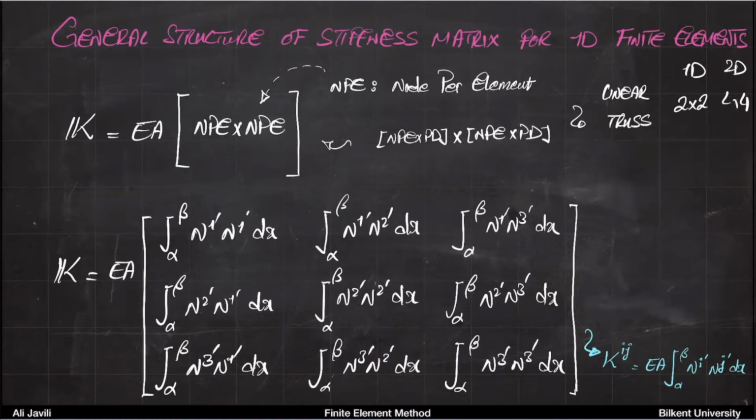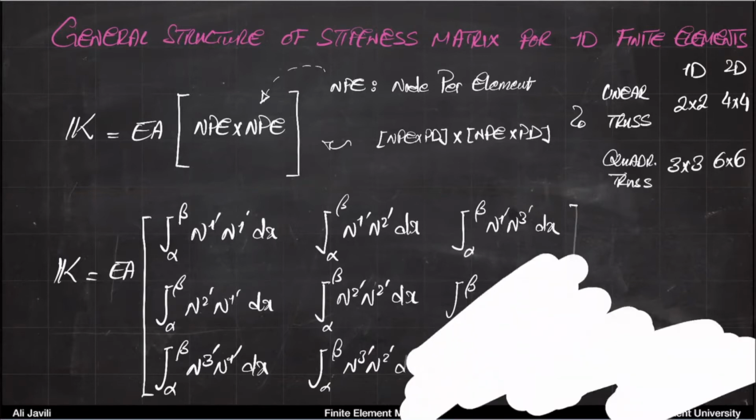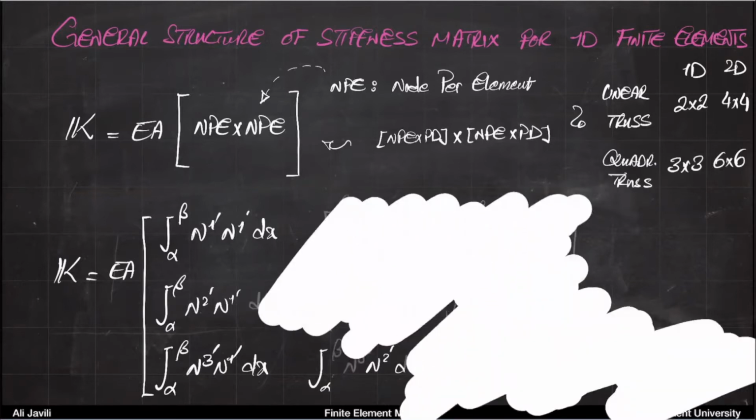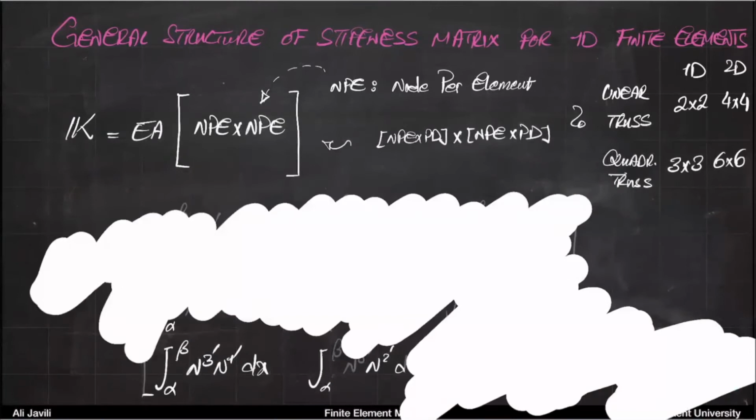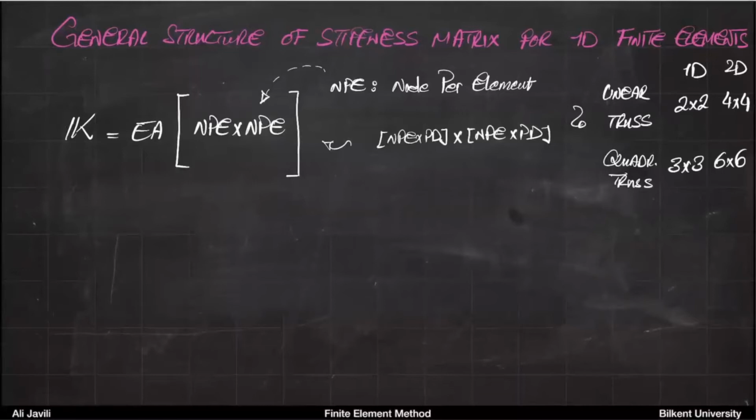We just work with the components. So if it is linear, then those i's and j's would be between 1 and 2. If it is quadratic, the i and j would be between 1 and 3.